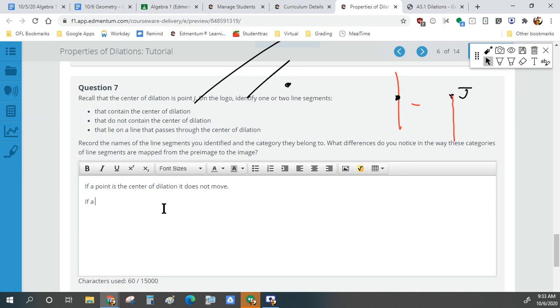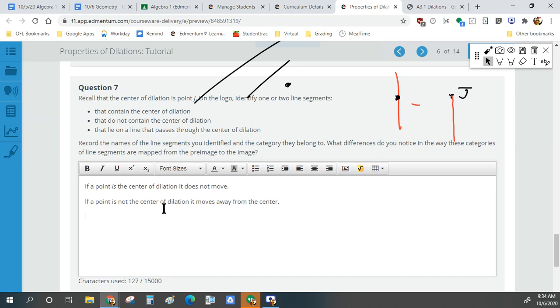If a point is not the center of dilation, it moves away from the center. I kind of already said how dilation works.